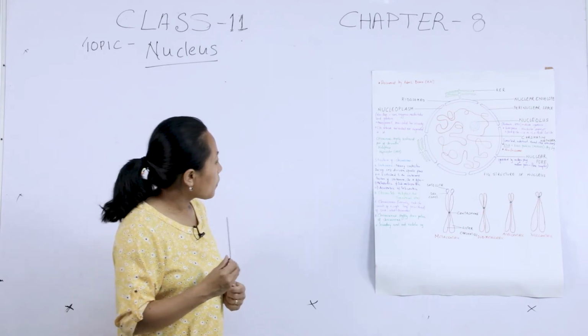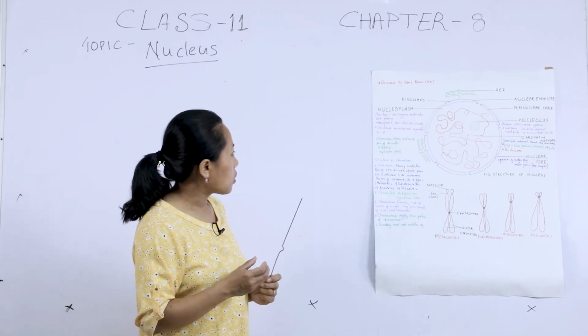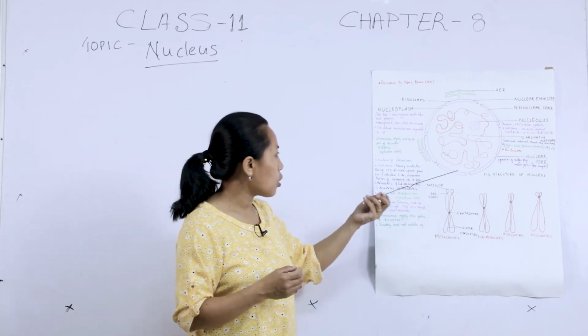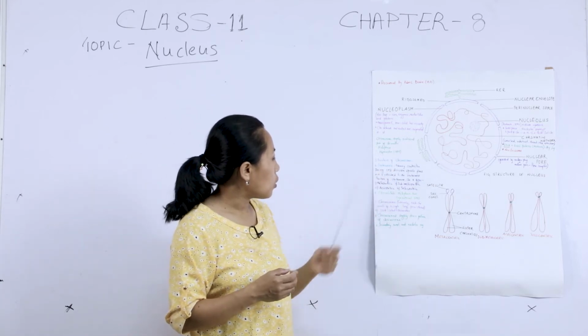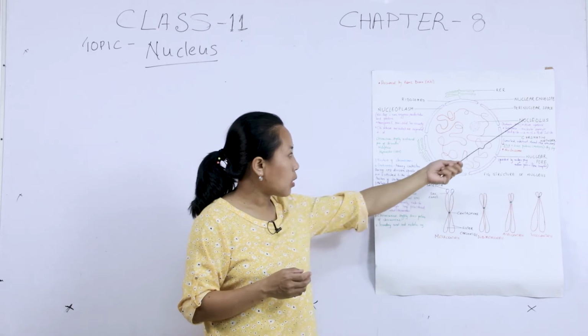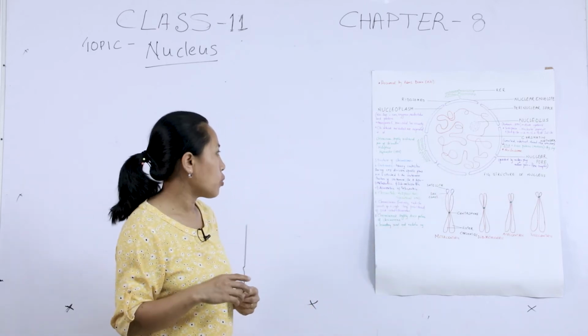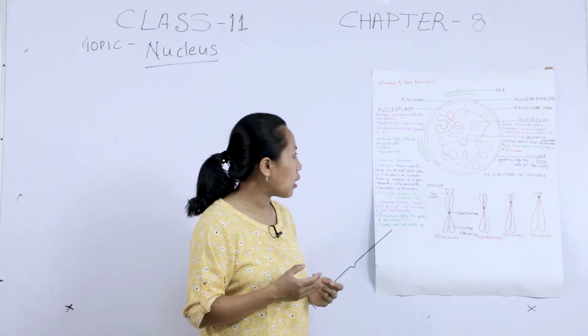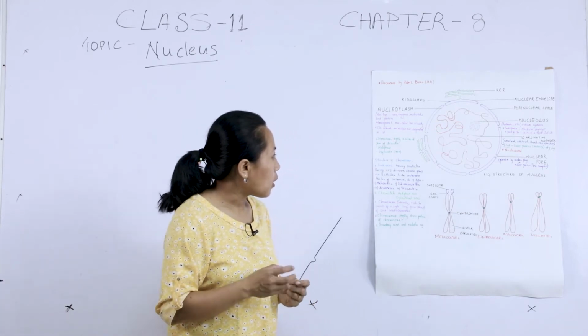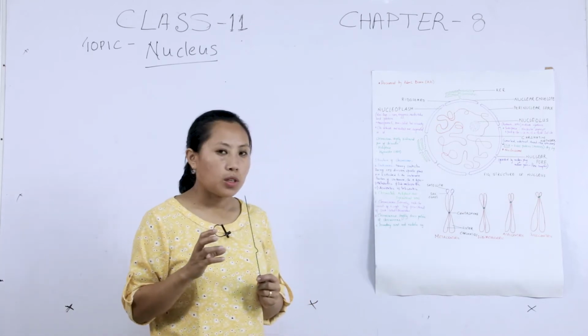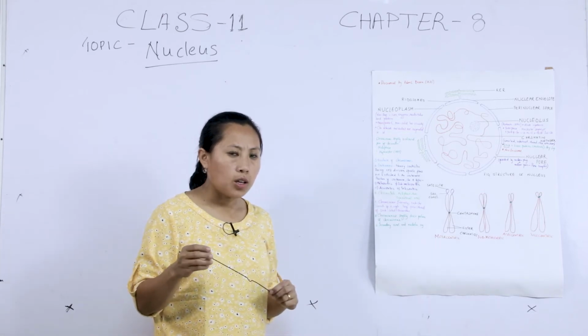Then the other component of the nucleus is the nucleolus. This nucleolus was first observed by Fontana in 1874, and it is observed only in the interphase stage.